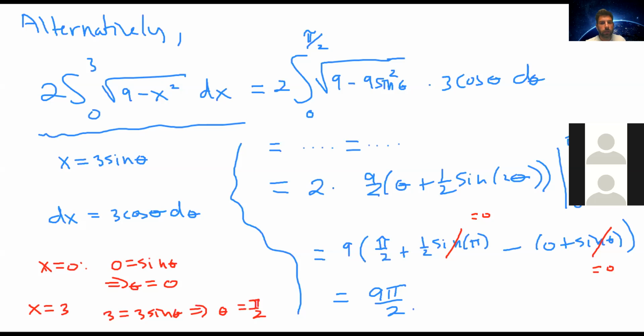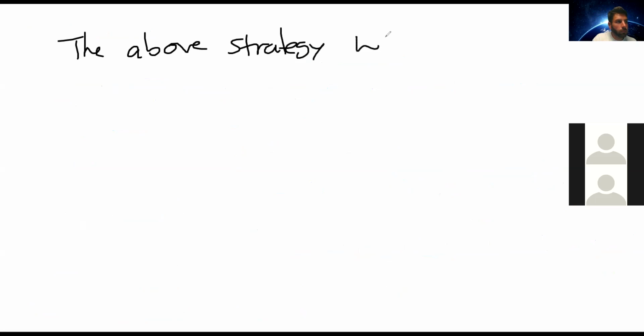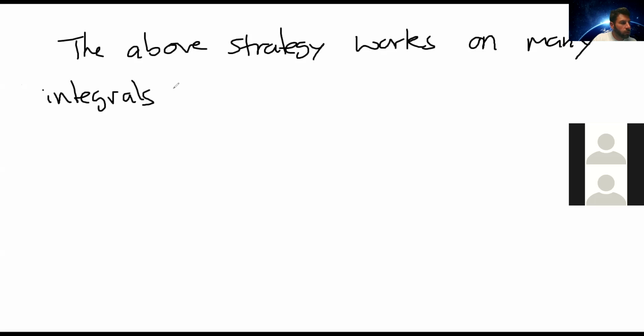All right, so here's some other things to consider when you get the next assignment. I would encourage you to read the examples in the book because it's very important. So the above strategy works on many integrals. So here's a good way to think about it.